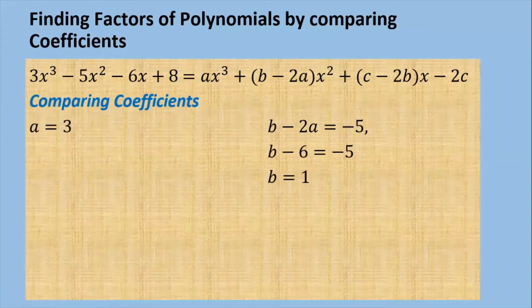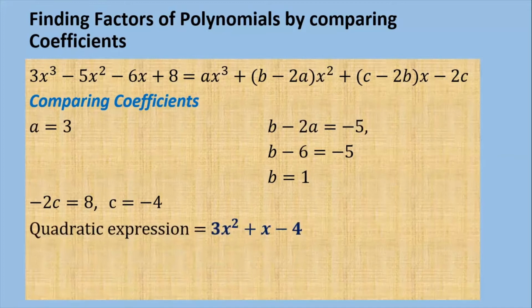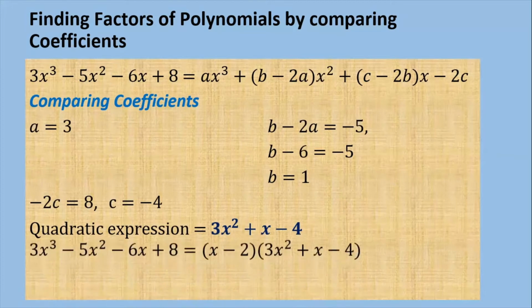Right, now what about the c? Well, we can say that minus 2c will be equal to 8. Therefore, c will be equal to negative 4. So the quadratic expression will be, remember it was ax squared plus bx plus c, right? So that will be 3x squared plus x, and c is negative 4, so that's minus 4. We have the quadratic expression.